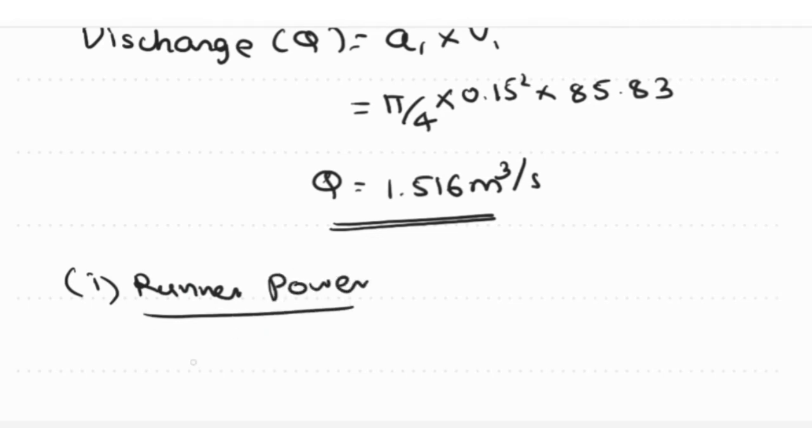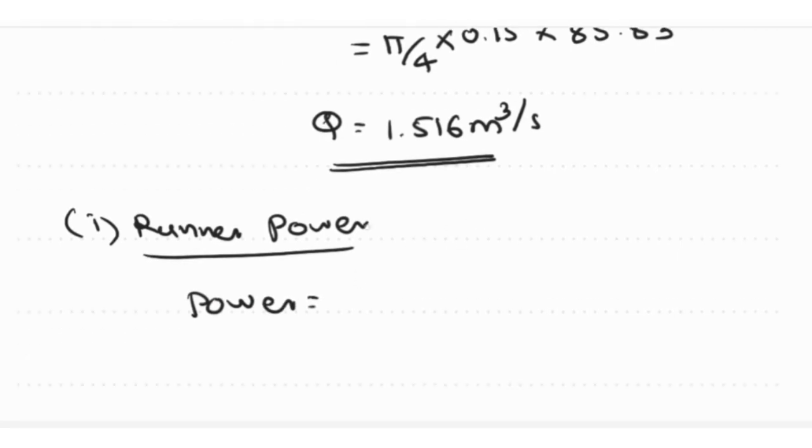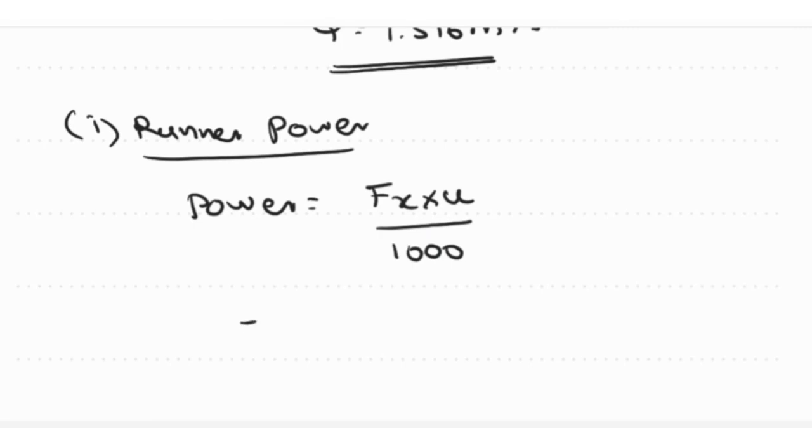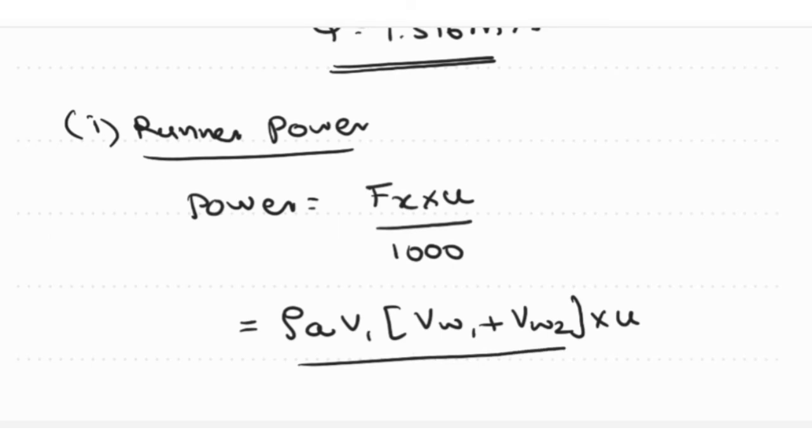Power is equal to Fx into U divided by 1000. So that is rho into A into V1 into (VW1 plus VW2) into U divided by 1000. Here it is plus because alpha is acute.